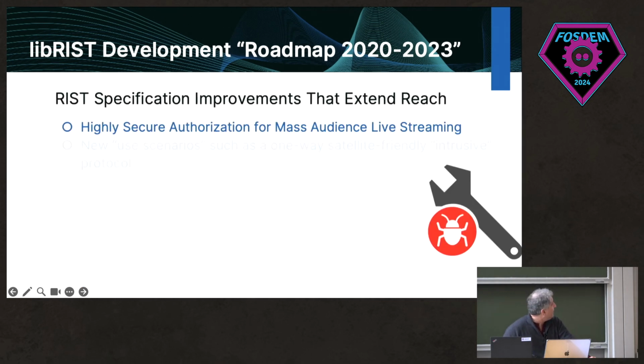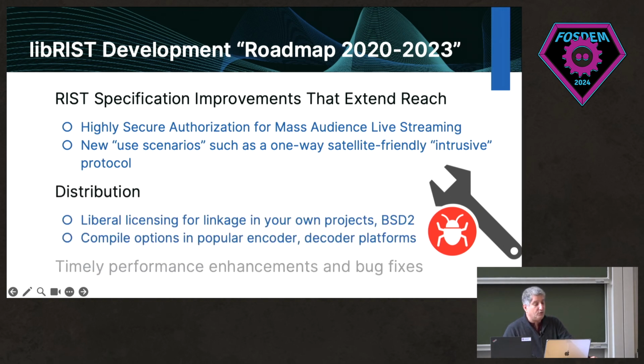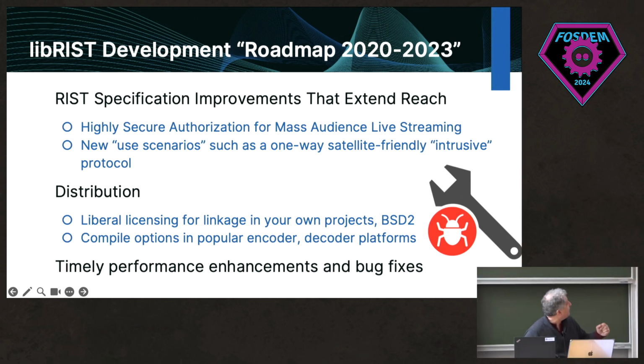So let's talk about the LibRIST development roadmap. How we determine where to go next, right? So we divide it into 3 categories. The first one is we want to improve the reach of the library. And by improving the reach, we mean improving the adoption of the library by client applications so that users can go ahead and have it available on every device.